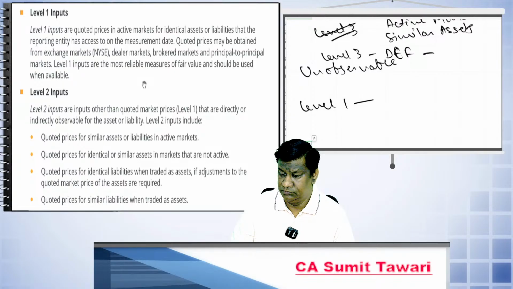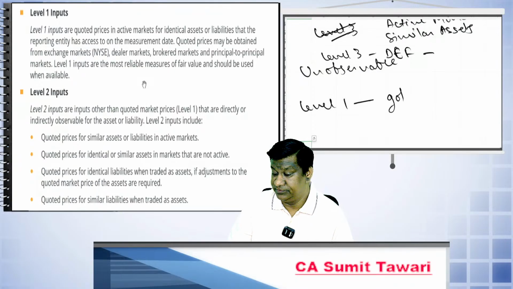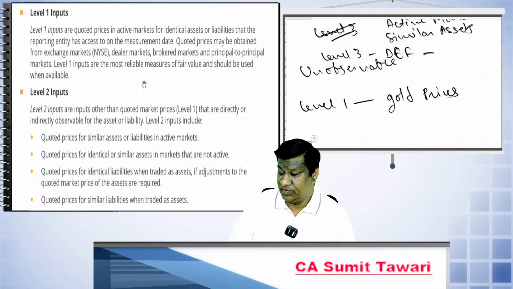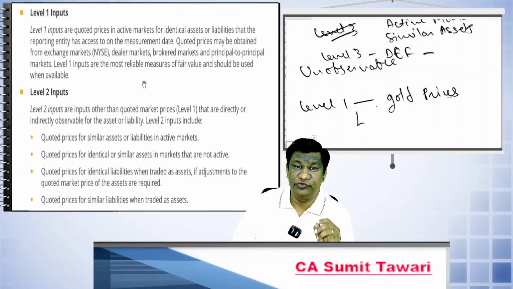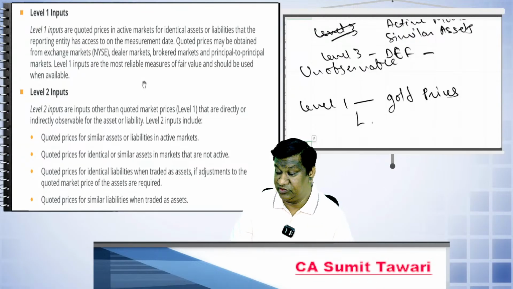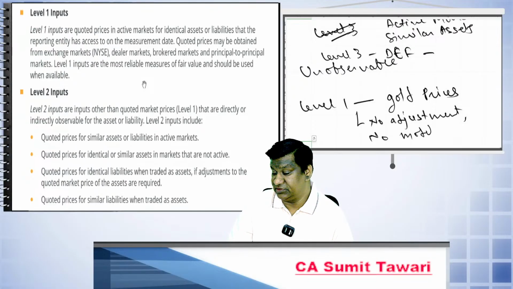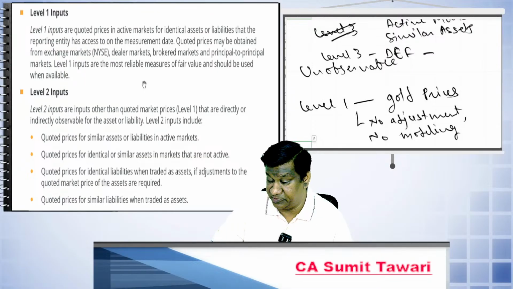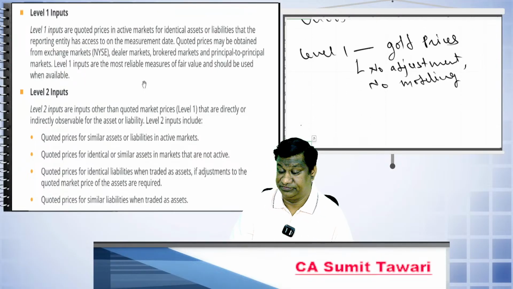Gold prices, can we consider that as a level 1 input? Okay, keep in mind, whenever you are using a level 1 input, you do not require to make any adjustment. So no adjustment or modeling is required. Modeling means like in level 3 we are preparing the cash flow statement, so that is not required.